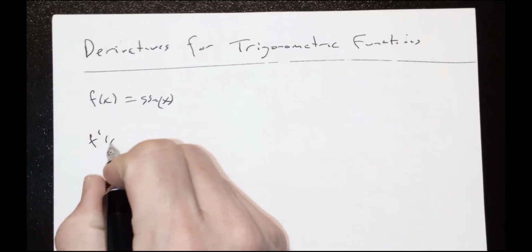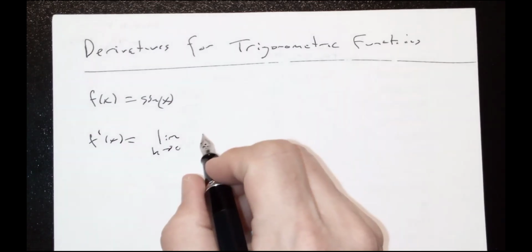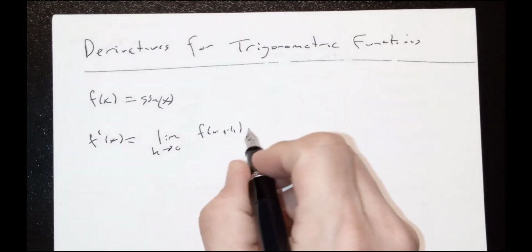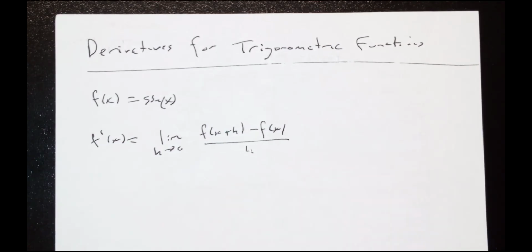So let's do that. If I want f prime of x, that is the limit as h approaches 0, f of x plus h minus f of x over h. So I'm going to plug sine of x into that.